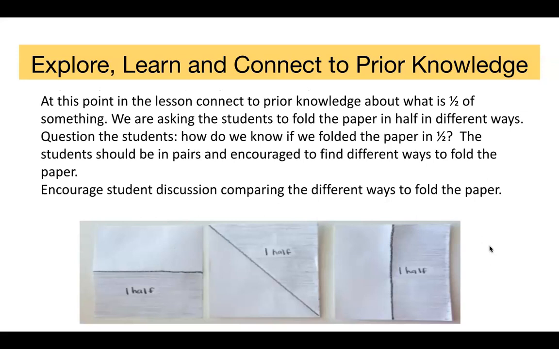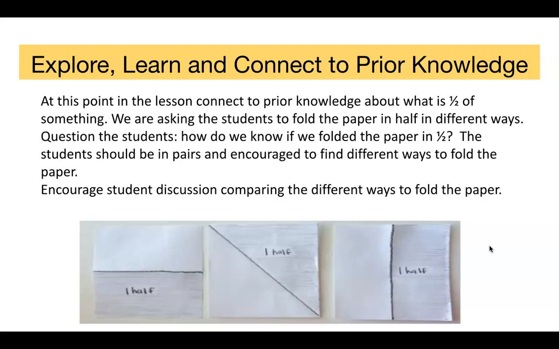So at this point, we're going to connect to the prior knowledge about what is 1/2 of something. And we're going to ask the students to fold the paper in half in different ways. So if you're doing it in the classroom and you're pairing the students up, you want them to fold it in different ways so they can start a discussion comparing what one piece of paper looks like folded one way and what one piece of paper looks like folded the other way.